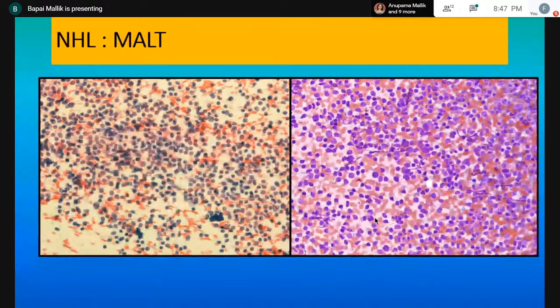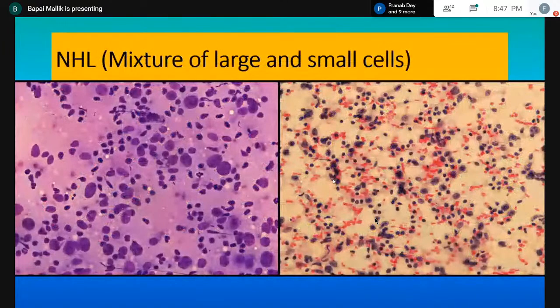This is a MALT lymphoma, it turned out to be a MALT lymphoma, a population of small lymphocytes mixed with a few larger cells. Some people may have a problem in directly calling this malignant. So in such cases, you ask for flow cytometry, and if you have the supportive features, you call it lymphoma, or else you call it suggestive or suspicious of malignancy.